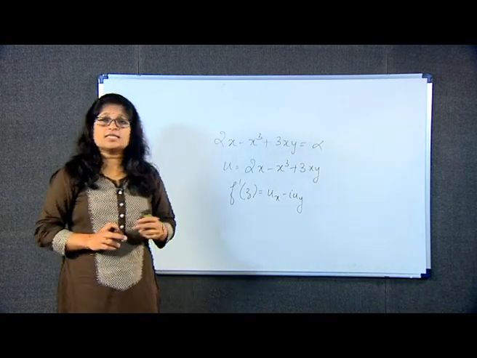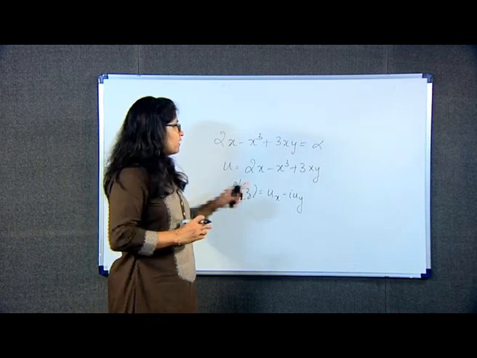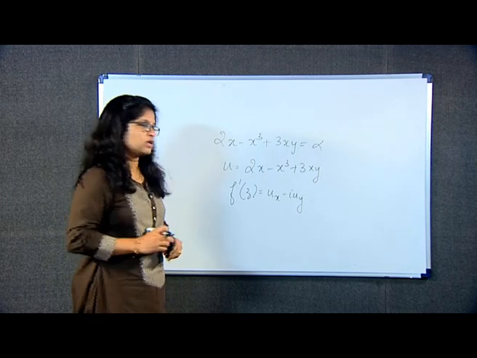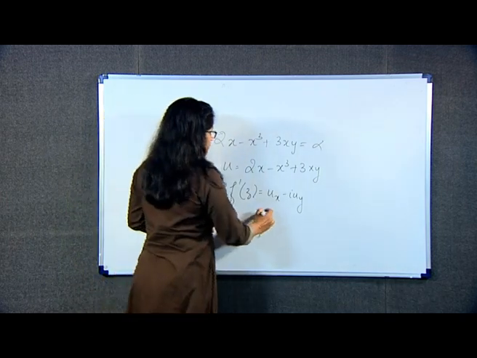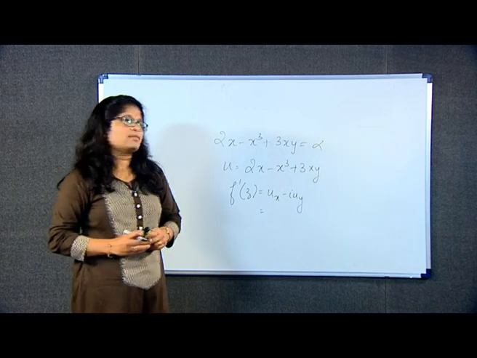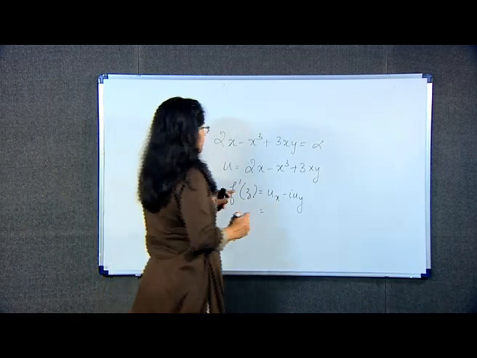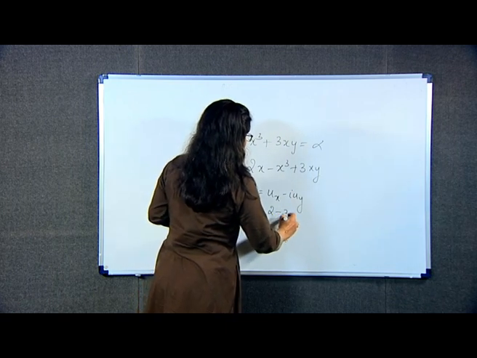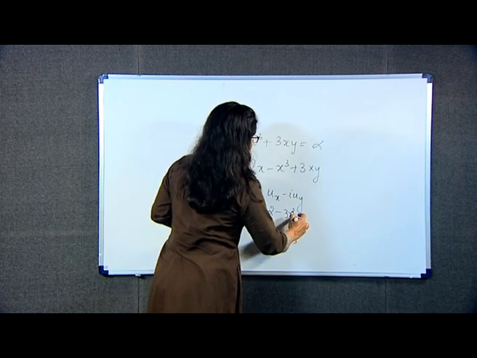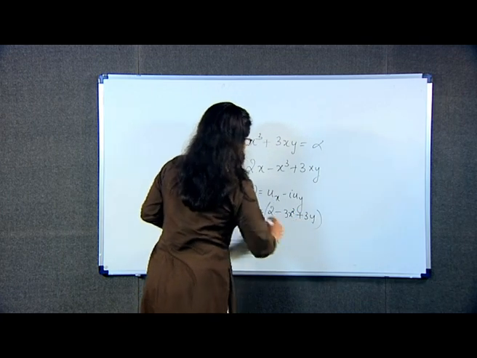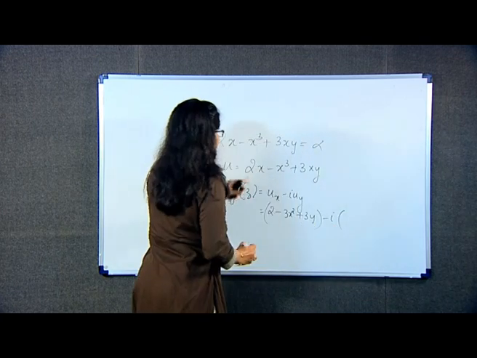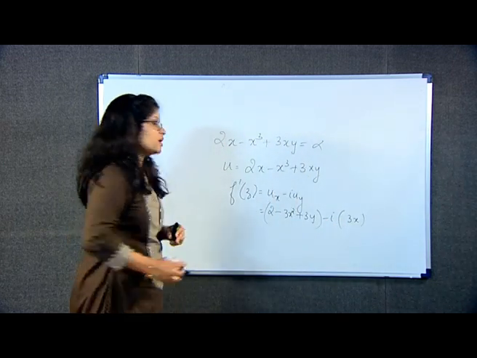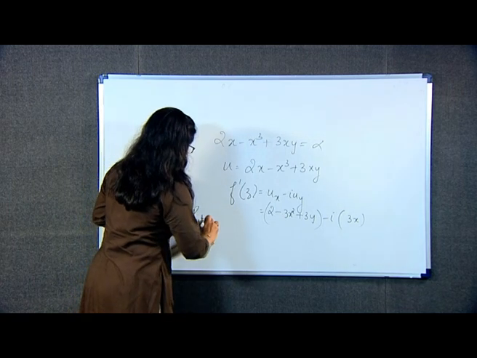So, let us see in this case what is your orthogonal trajectory to the given family of curves u is equal to 2x minus x cube plus 3xy is equal to alpha. I am going to use the Milne-Thomson method as I have told you. So, ux minus iuy in this case is 2 minus 3x square plus 3y minus i into 3x. Now, I have to put x equal to z and y equal to 0.